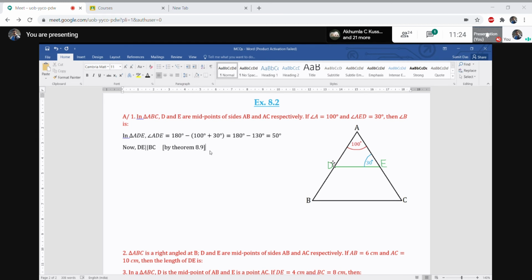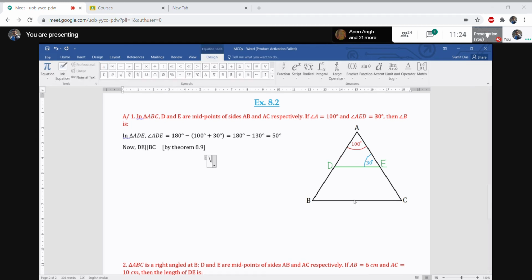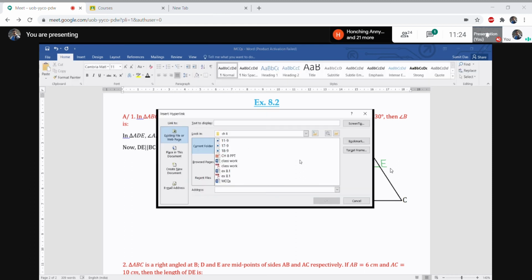So if these two are parallel, then we can write angle ADE equal to angle DBC. What I'm saying is that in this triangle ADE, this angle is equal to this angle DBC. Why? Any reason?